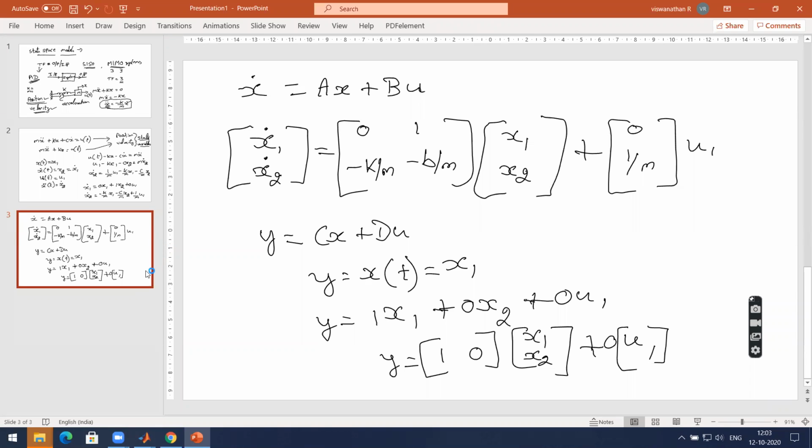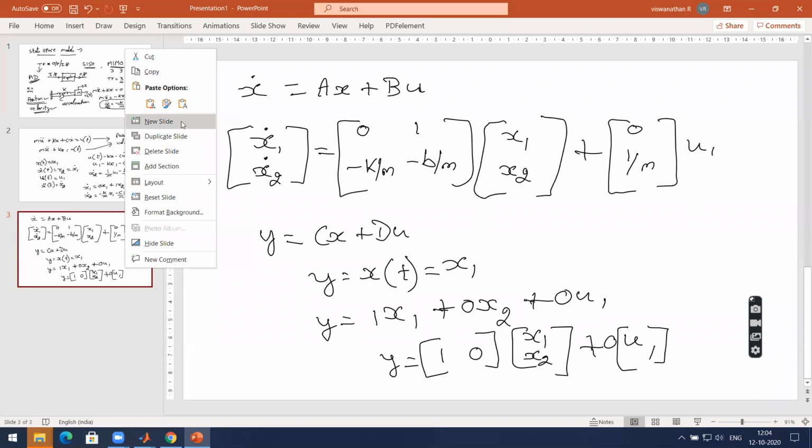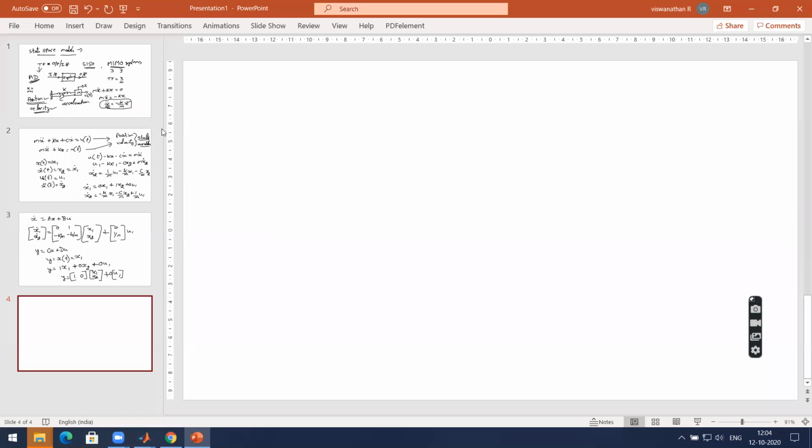Now, what is the transfer function for that system we wrote? Before going to the state space model, by now you should be able to tell me the transfer function of that.